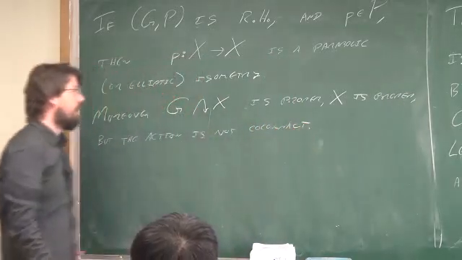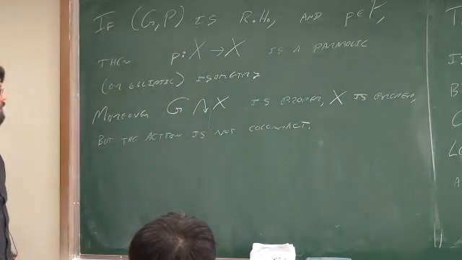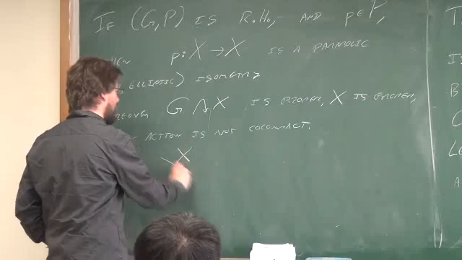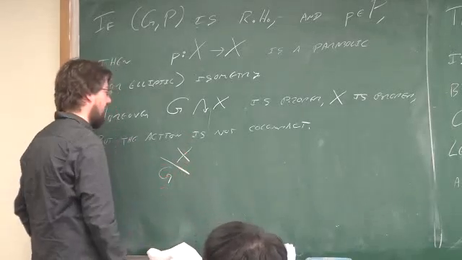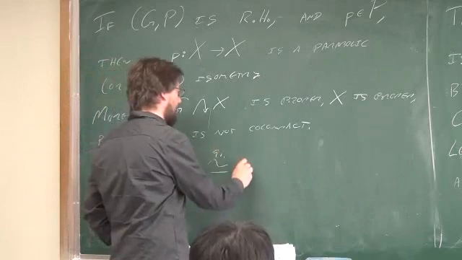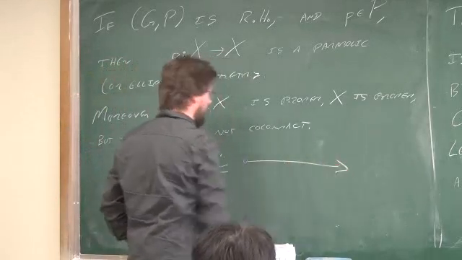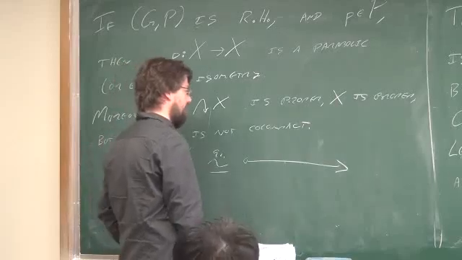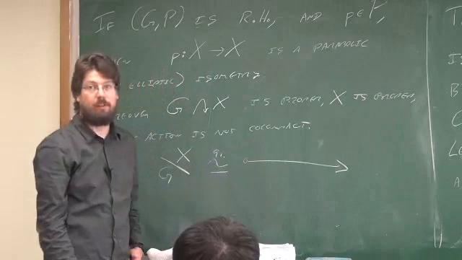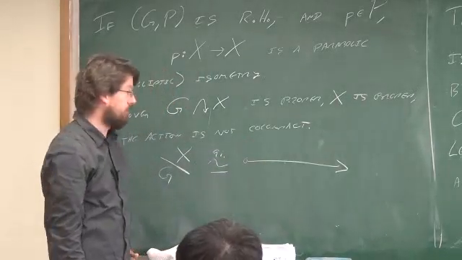If it were co-compact, we would have shown that G was hyperbolic, but G may not be hyperbolic. So what does the quotient look like? If I look at X mod G, this is going to be quasi-isometric to a ray. So what's it actually going to be? It's going to be a ray with some roses attached, so a bunch of loops.